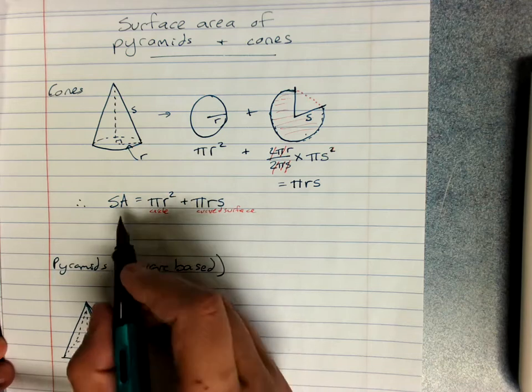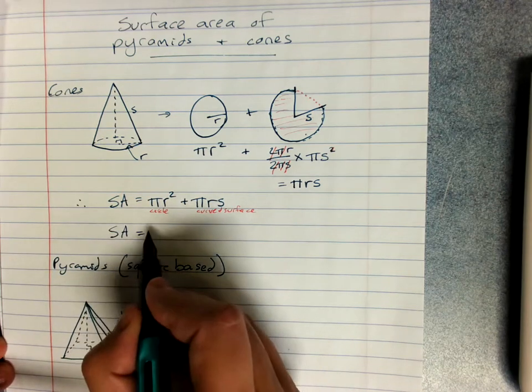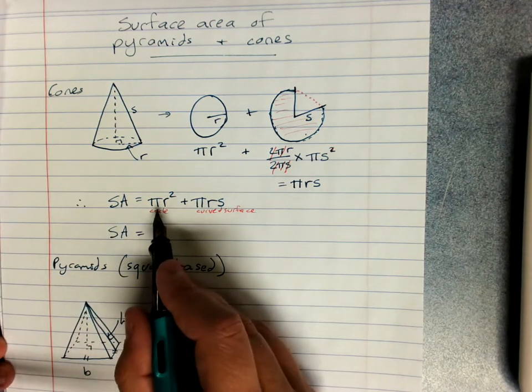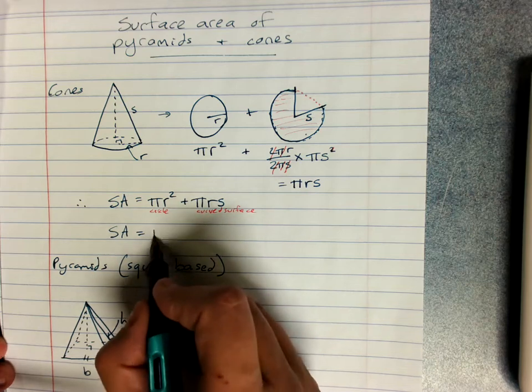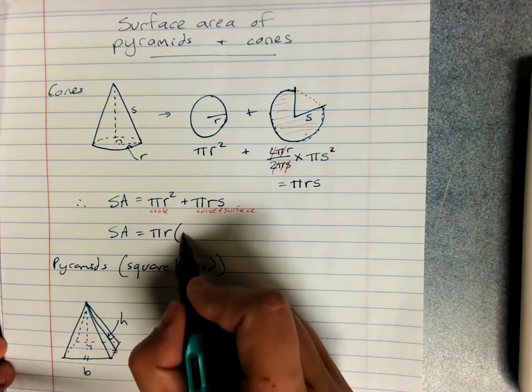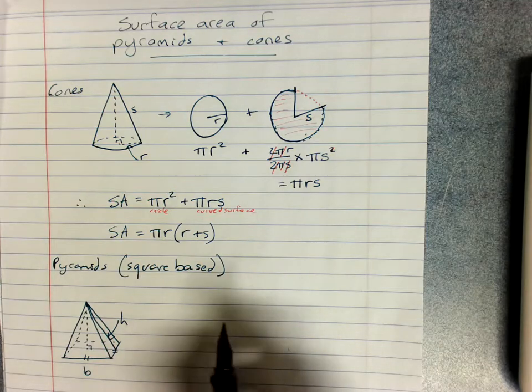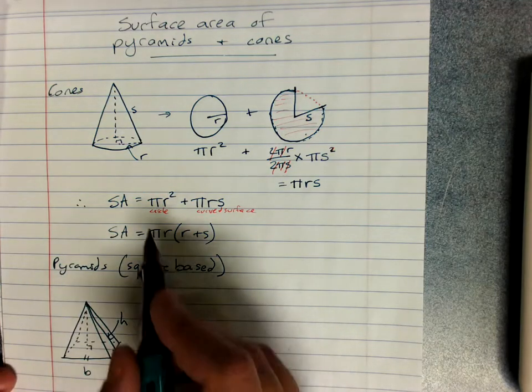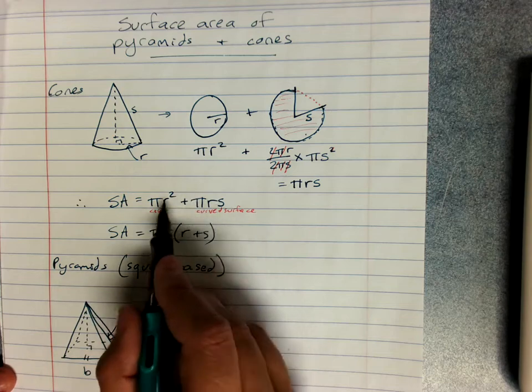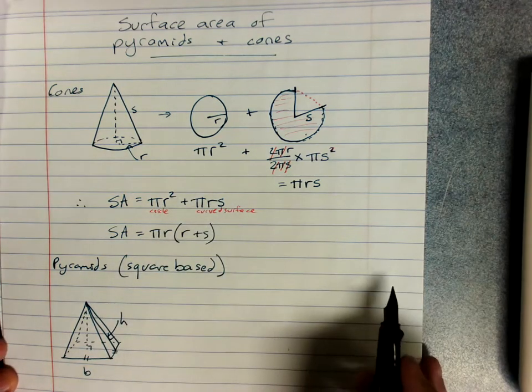We can factorize this if we have a full closed cone, because of course we've got common factors of pi r here, so pi r outside of r plus s is just fine. Either of these formulae work. This one you'd have to choose the correct part if you just wanted the curved surface of your cone.